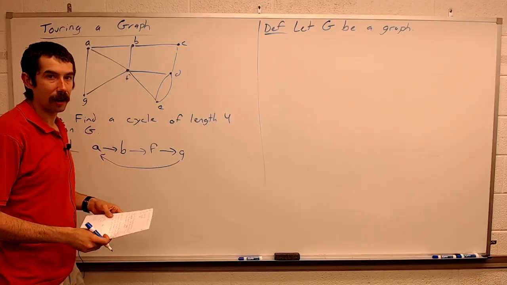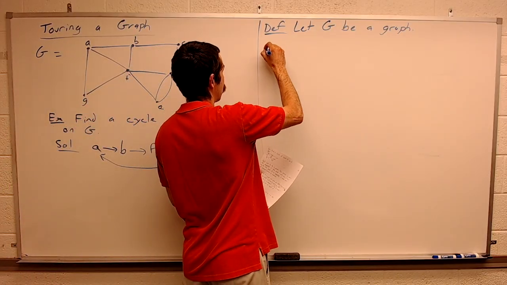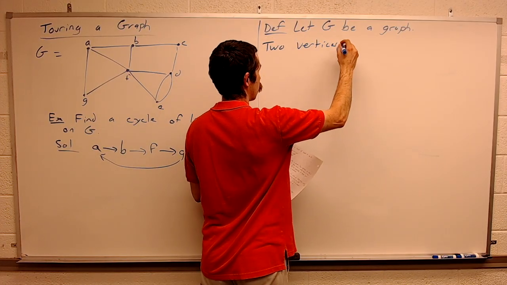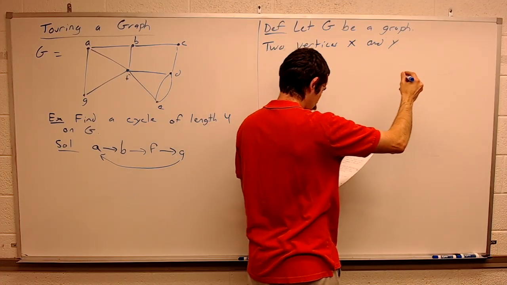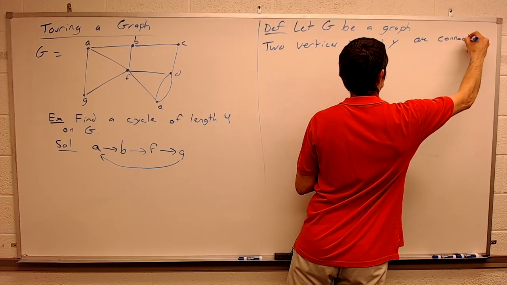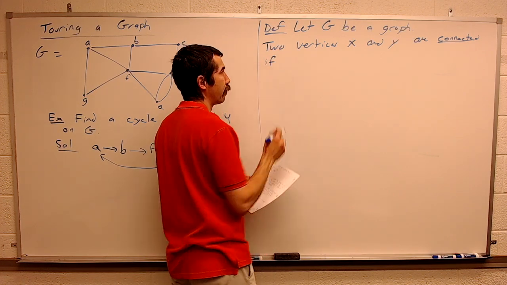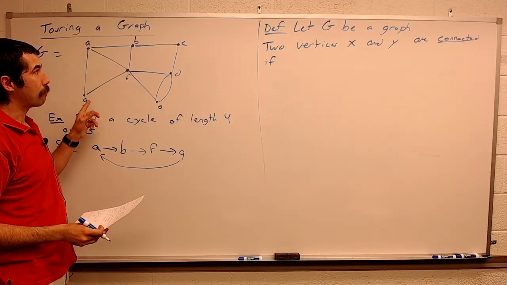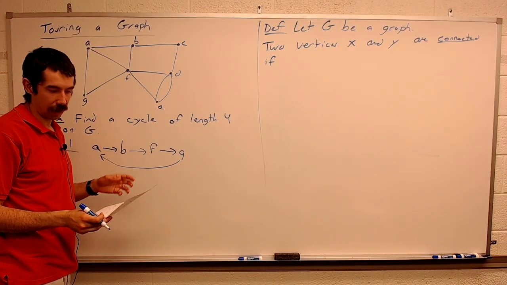Maybe if you want to think about it, we could use this as an example. Two vertices, X and Y, are connected if there exists a path from X to Y in our graph.